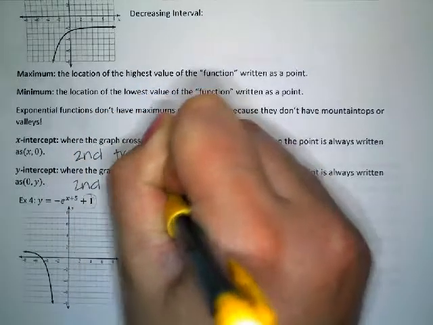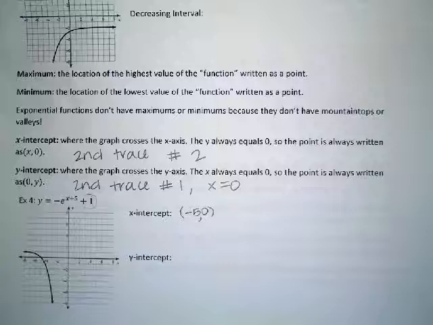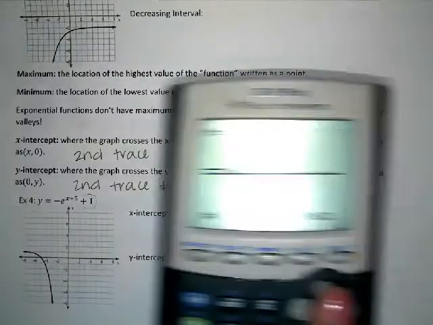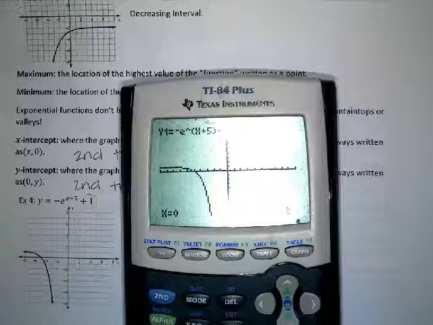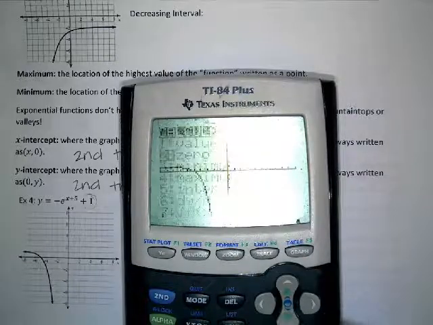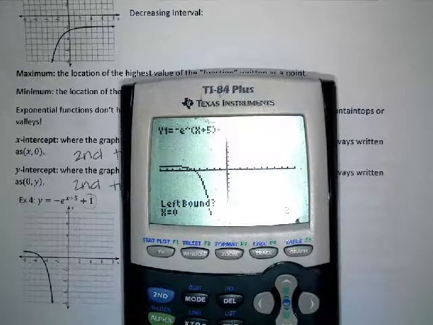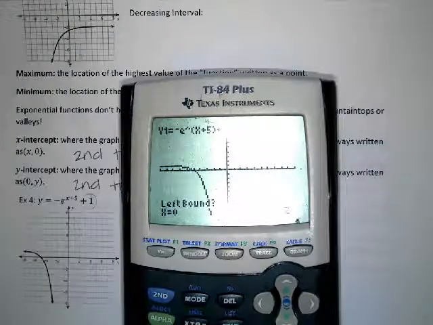Nope. Left bound, blank, left bound, right bound. Every time I put in left bound and right bound, it will still make me move if you don't type in a number. But you can just type in a number and then you don't have to move.